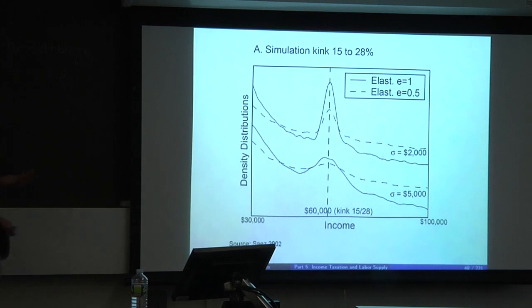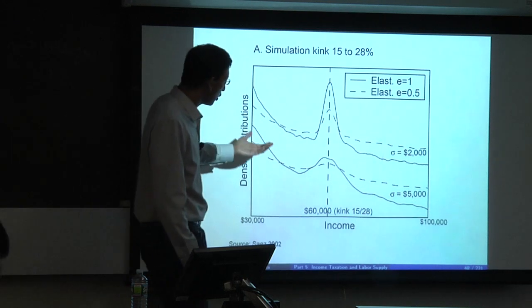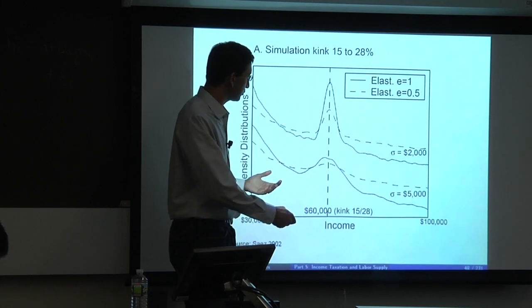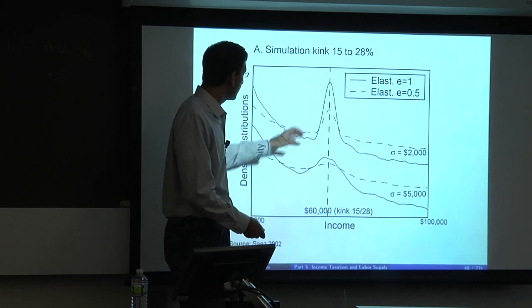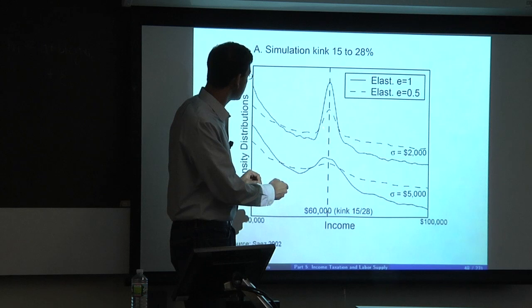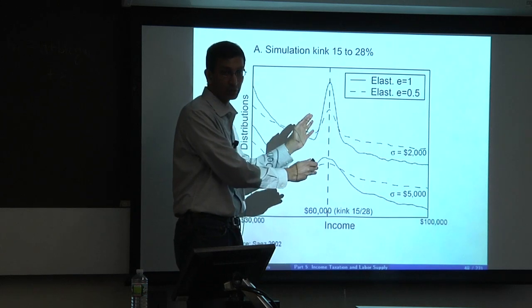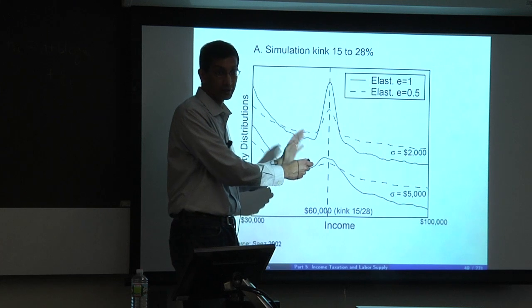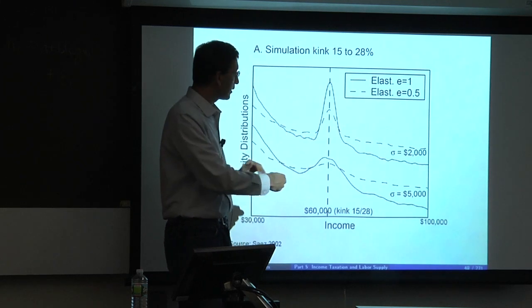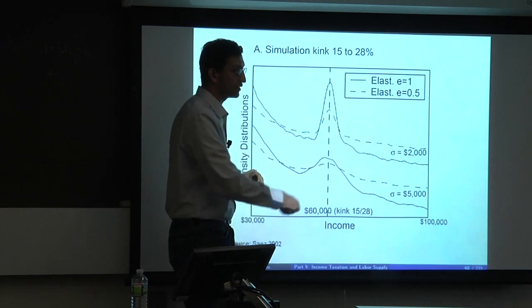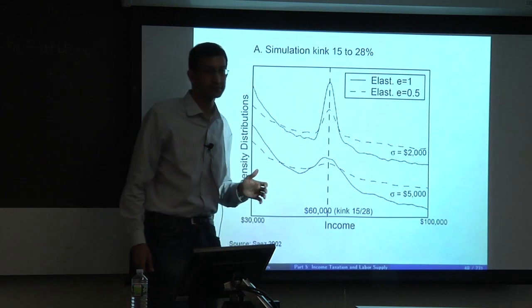So sigma equals 2,000 is a plausible level of variation, and sigma equals 5,000 is relatively high. Now what you can see here is that this doesn't produce the sharp spikes that we'd expect to see if there were no uncertainty. So it takes that away. But there are still very clearly visible humps in the income distribution.